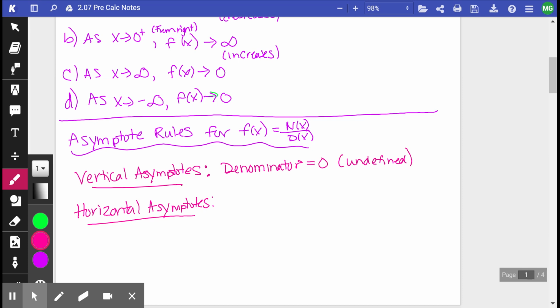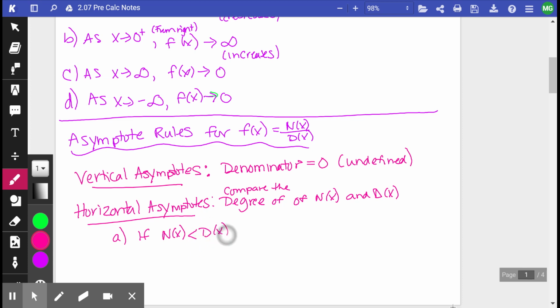So horizontal asymptotes, you're going to figure those out by comparing the degree of the numerator and the degree of the denominator. So there are 3 different scenarios that we could have. Case a: if the degree of your numerator is less than the degree of the denominator.